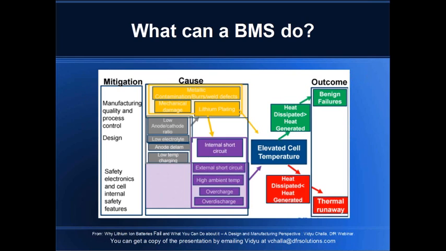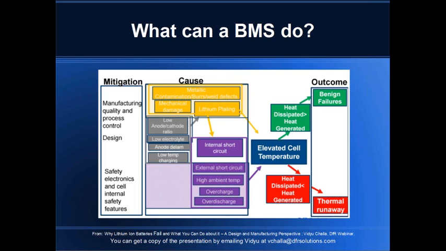So this is, as mentioned at the beginning of the presentation, a two-part series. This slide is from the presentation part 1 that Vidju did, and she did an excellent job of describing some of the manufacturing characteristics of what can happen and what can lead to an elevated cell temperature, which then either turns into a benign failure where you may have a dead cell or a cell that has a lower lifespan left, or a damaged cell, or a cell that goes into thermal runaway and turns into a more catastrophic event.